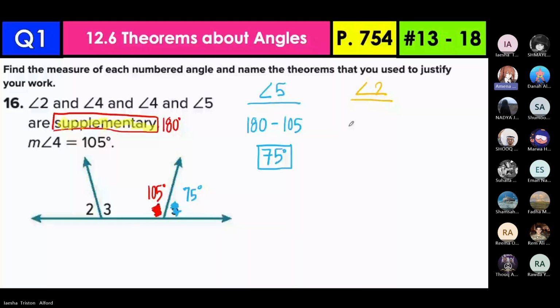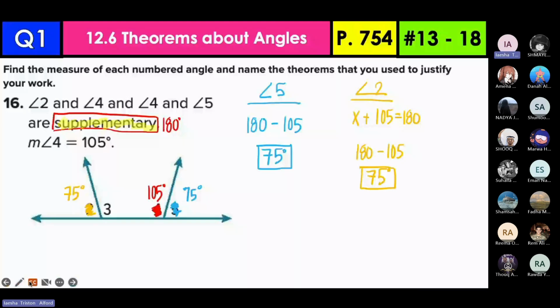So x plus 105 is equal to 180. Same equation, same shortcut: 180 subtract 105 is going to give you 75 degrees. So you can delete the measure of angle 2. The measure should be 75.